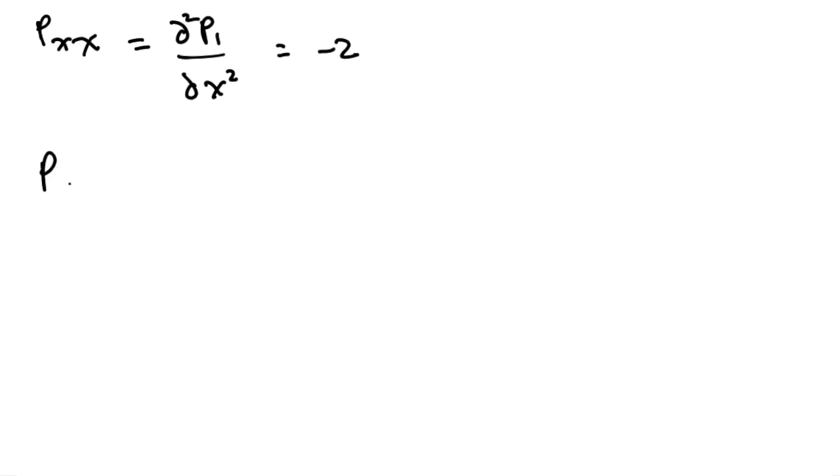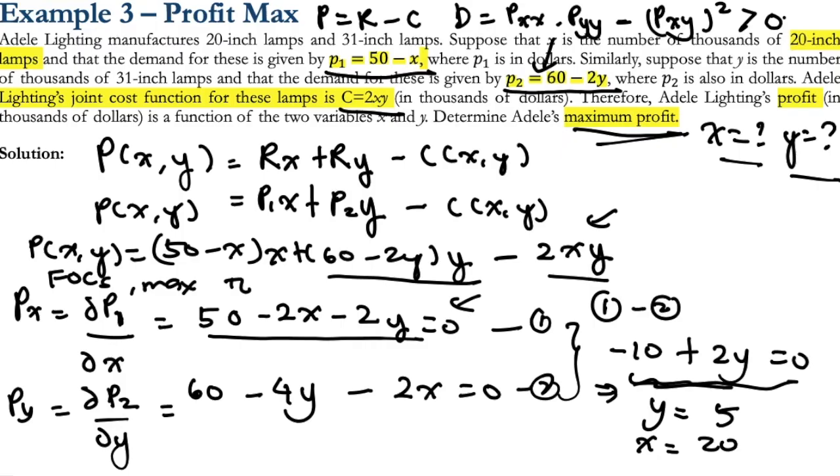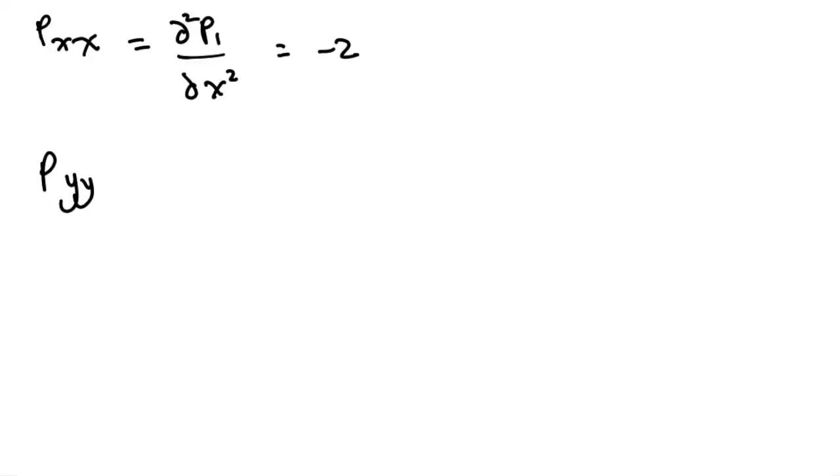What about Pyy? That means we need to differentiate this profit function with respect to Y second time. In this case, we have done the first derivative with respect to Y. We differentiate this again with respect to Y. We're gonna get minus 4. So here, P2 delta Y minus 4, isn't it?